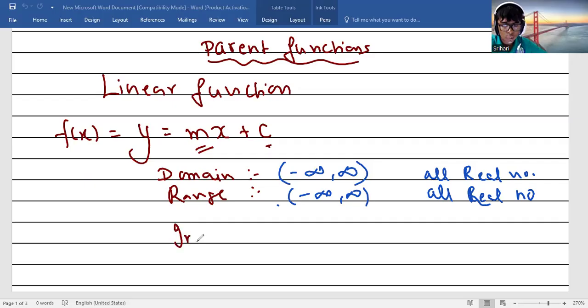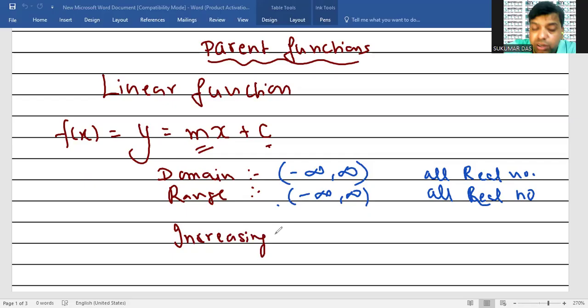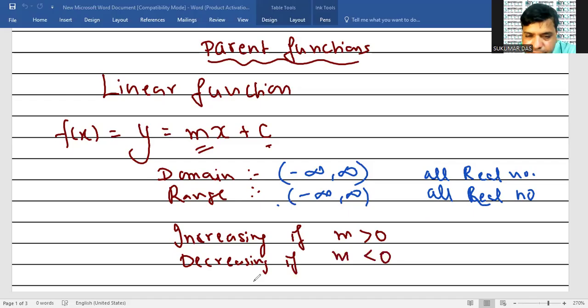Yes, but if the slope is negative, it'll look opposite, decreasing. So we can write it is increasing if the slope is positive, decreasing if m is less than 0. That is negative.